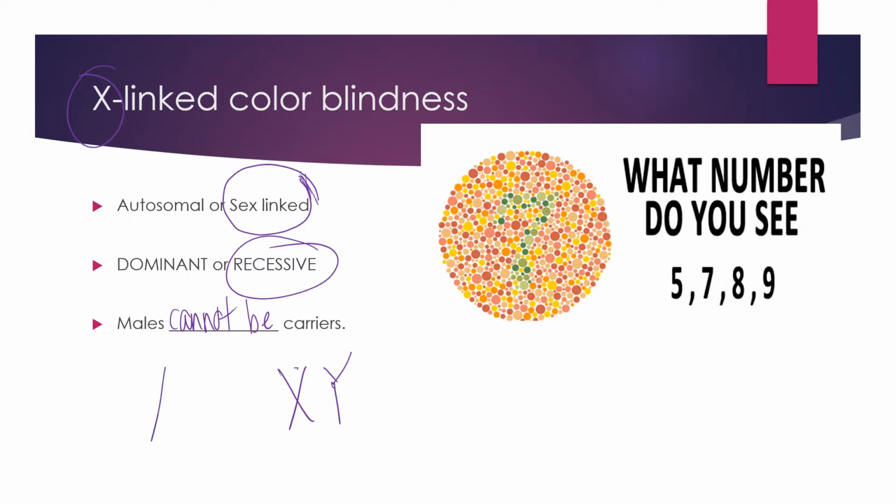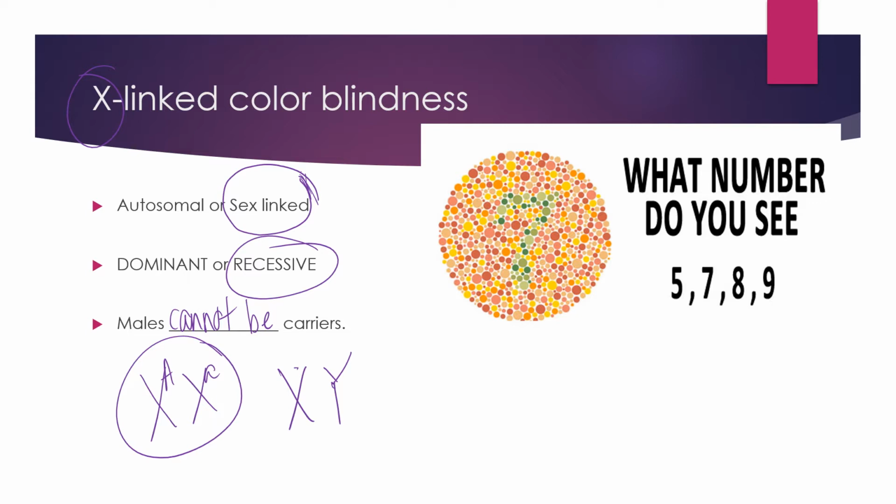If you are a female, you're going to have 2 X's. So if you're a female, you can have a dominant allele and the recessive color blindness allele. Your dominant allele will mask your recessive, and this female will not have color blindness, but she will be a carrier for it.